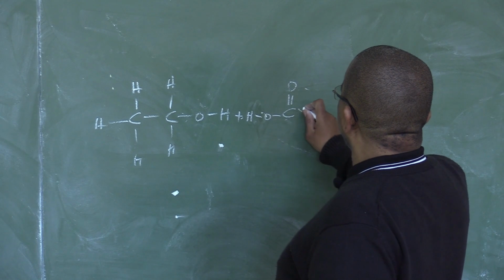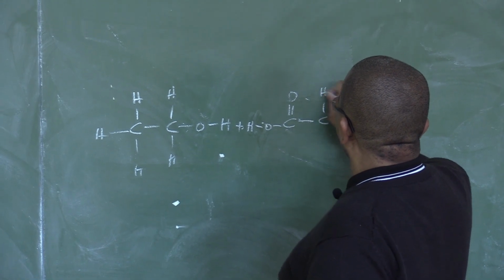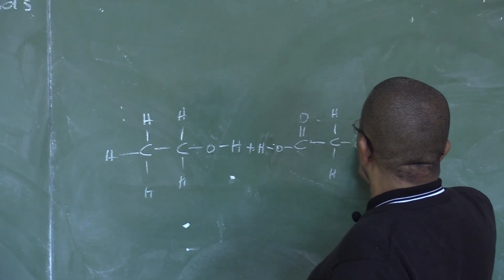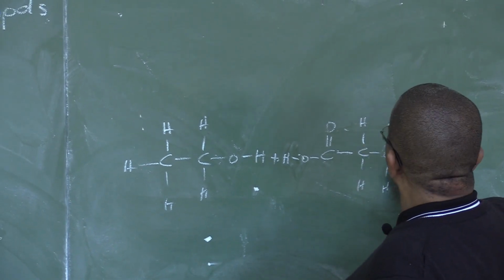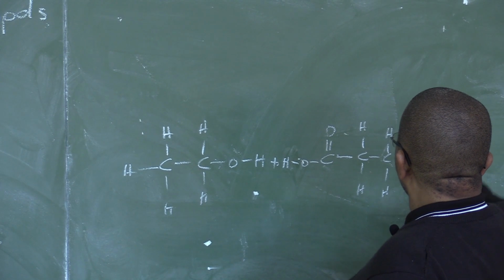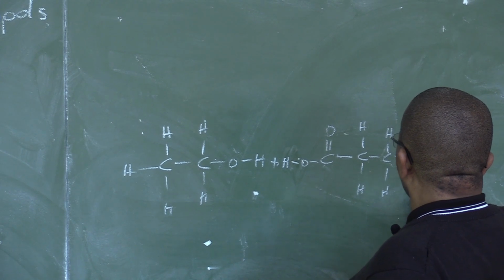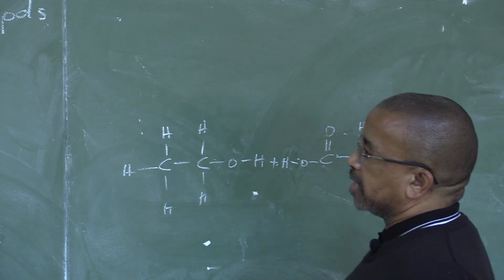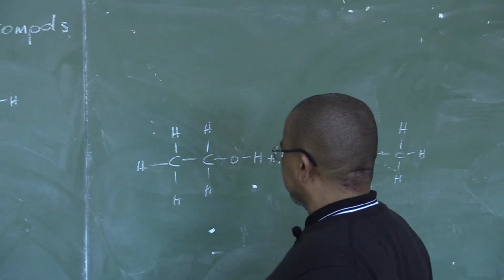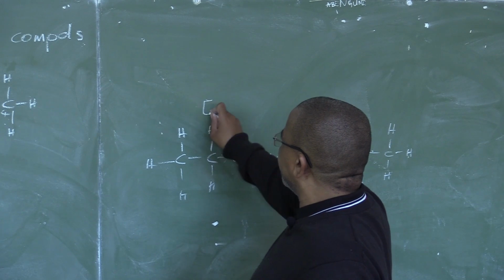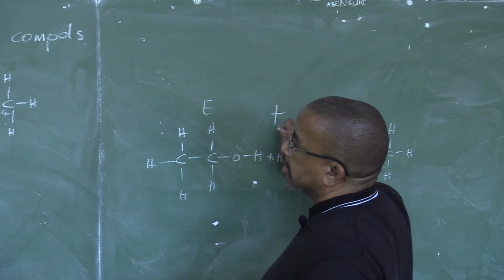This is butanoic acid. We have 1, 2, 3, 4, butanoic acid. I'm just unpacking this problem. This is E reacting with A.